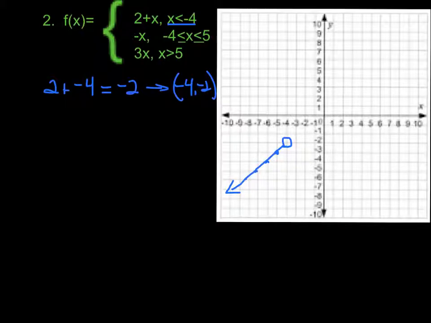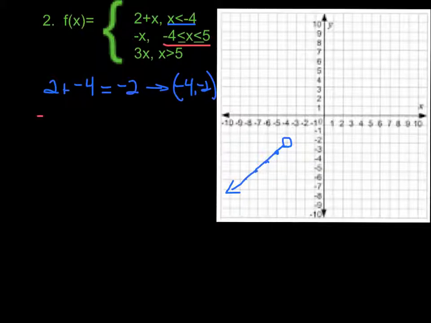So now I have y equals negative x, which I know is a negative sloping line. The slope is negative 1 over 1. I know it hits the y-axis at 0. And we're going to look at this domain right here, and it is between negative 4 and 5, including both of those values. So I'm going to start by plugging in a negative 4.